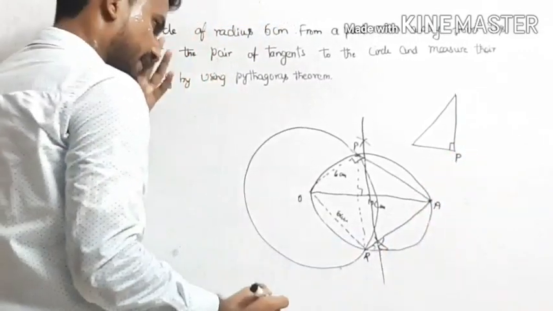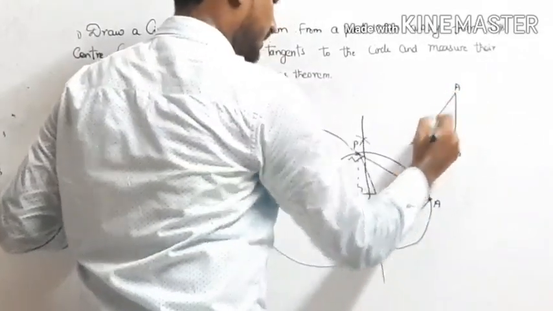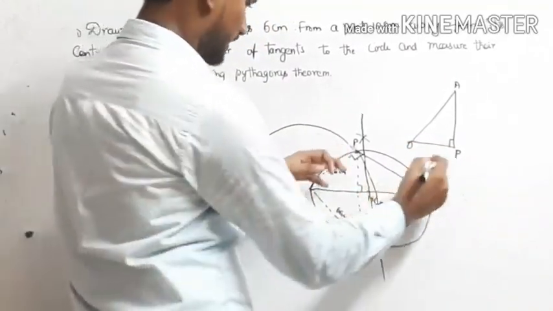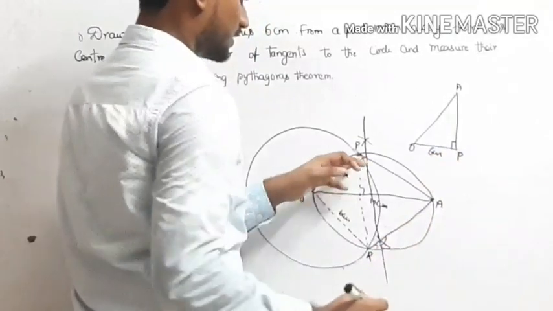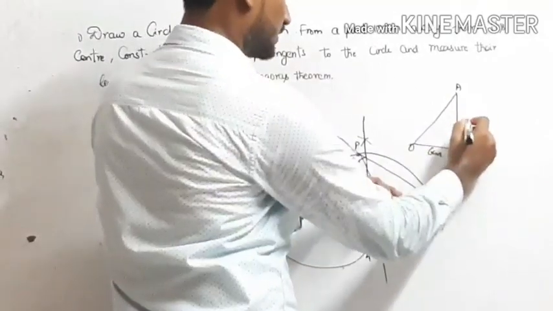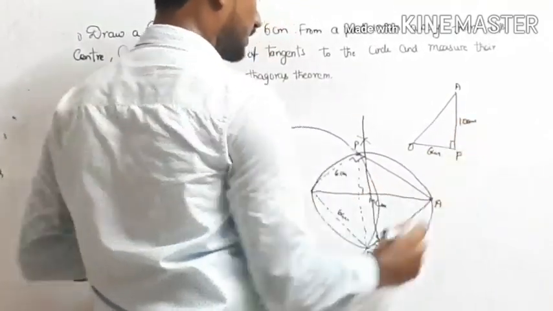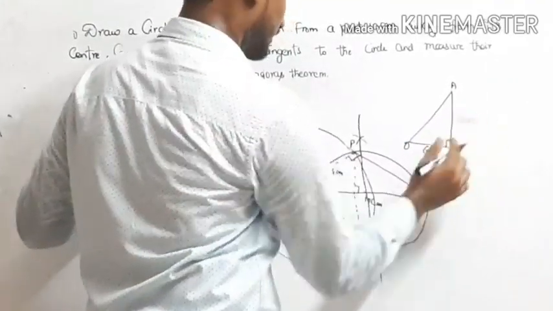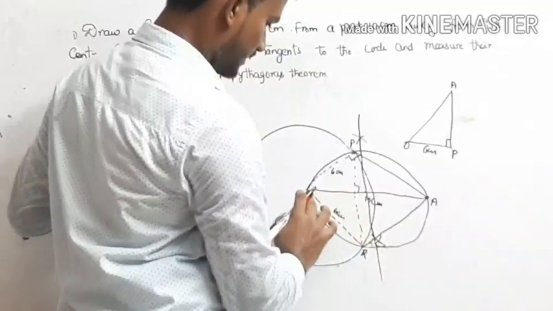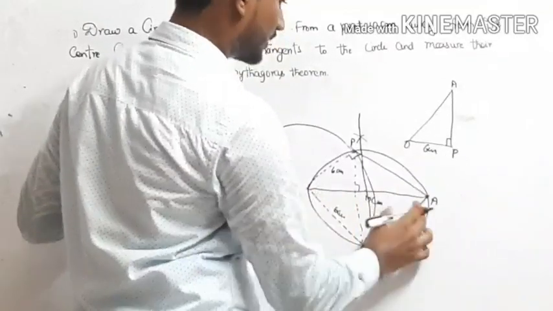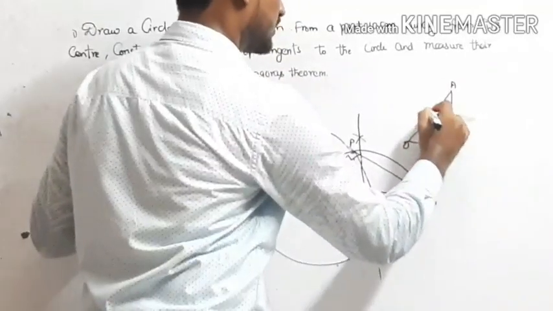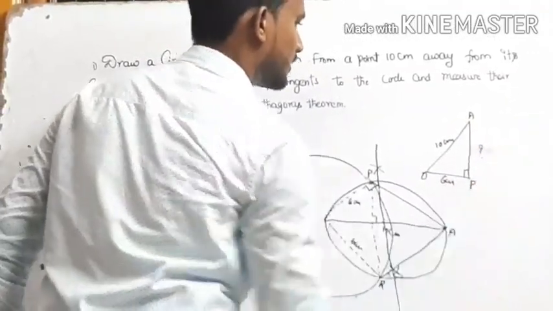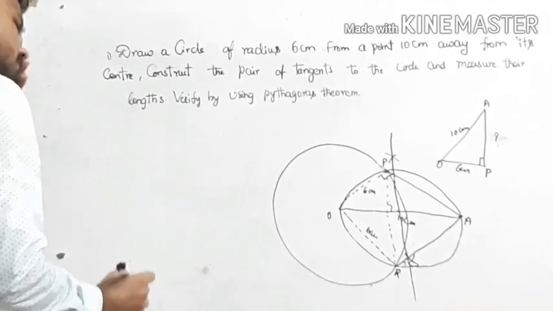This will make 90 degrees, and it is A and it is O. This OP is 6 centimeters, and we don't know this PA. You know the length of OA, that is 10 centimeters. We want to find PA by using the Pythagoras theorem.